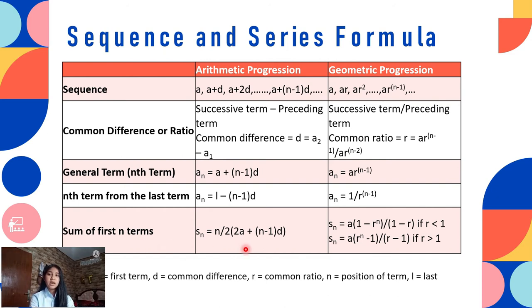In arithmetic, S sub n equals n over 2 times (2a plus (n minus 1) times d), and geometric has two formulas. First, S sub n equals a times (1 minus r to the power n) over 1 minus r if r is less than 1, and second, S sub n equals a times (r to the power n minus 1) over r minus 1 if r is more than 1.